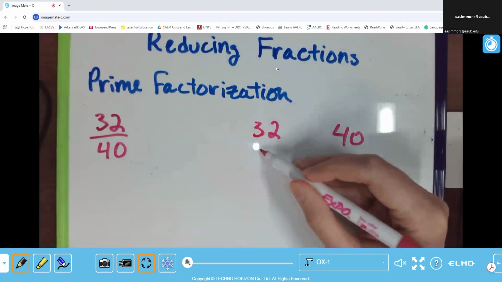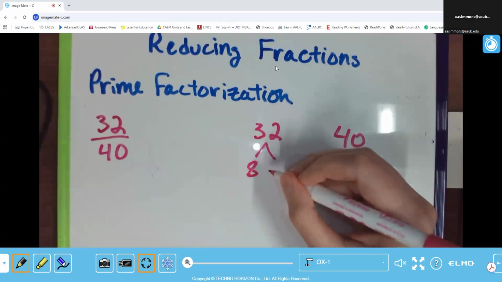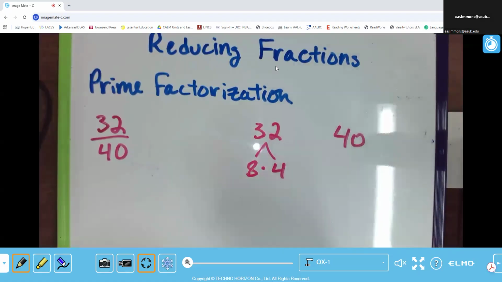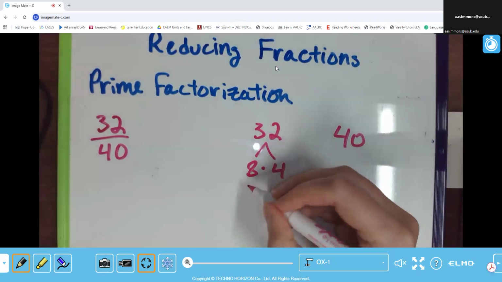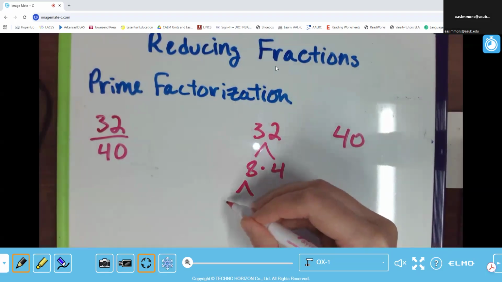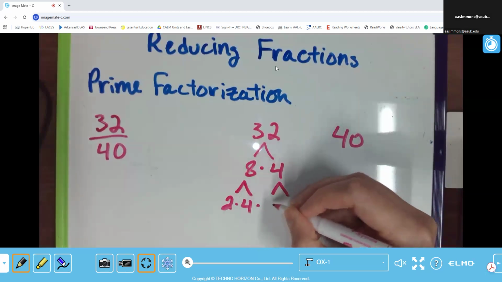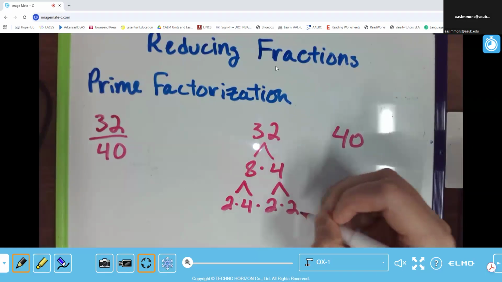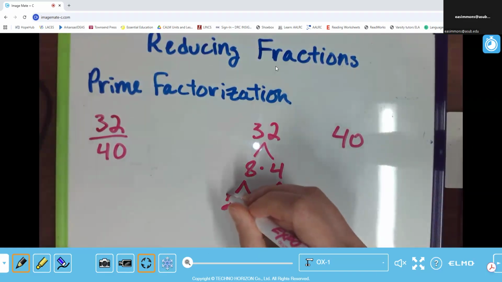I'm going to start with 32, and I need to think of two numbers that can multiply to get me 32. And first thing I'm thinking of is 8 times 4. Neither 8 nor 4 are prime, so I'll factor those down. 8 factors into 2 times 4, and 4 factors into 2 times 2. Now I have some prime numbers here, and I'm going to circle those.